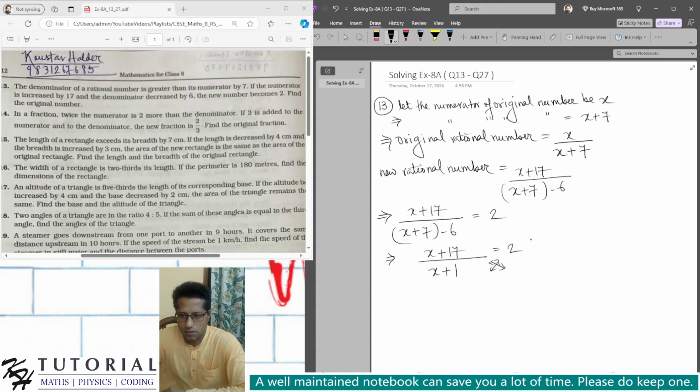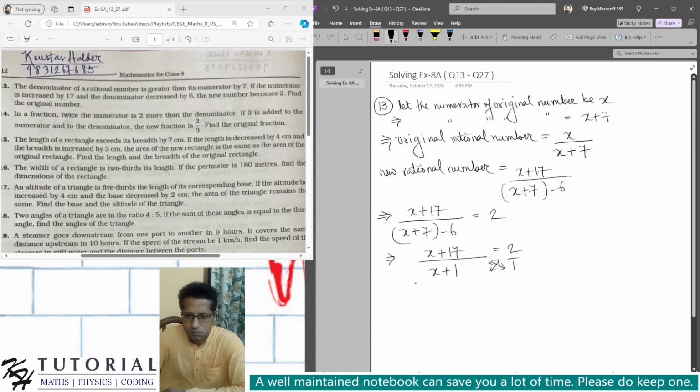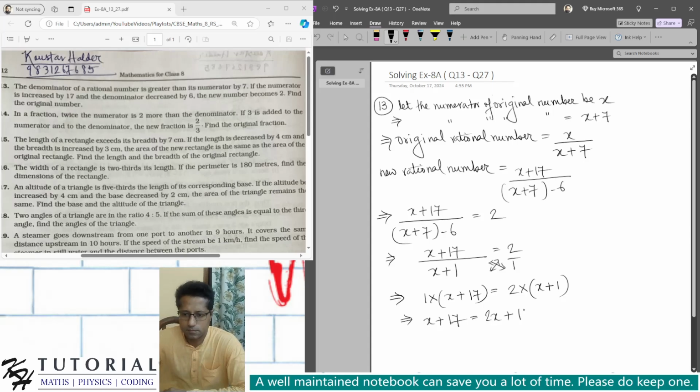So 2 can be expressed as 2 by 1. By cross multiplication, 1 multiplied by x plus 17 is equal to 2 multiplied by x plus 1. Opening the brackets, we get x plus 17 is equal to twice of x plus 1.